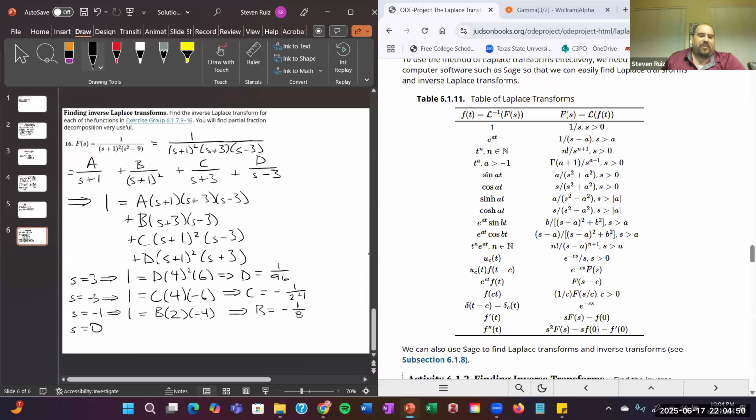0 is always convenient. If I say s equals 0, what do I get? 1 equals A times -9, so -9A, plus B times -9, so -9B, but I know what B is. It's -1/8.